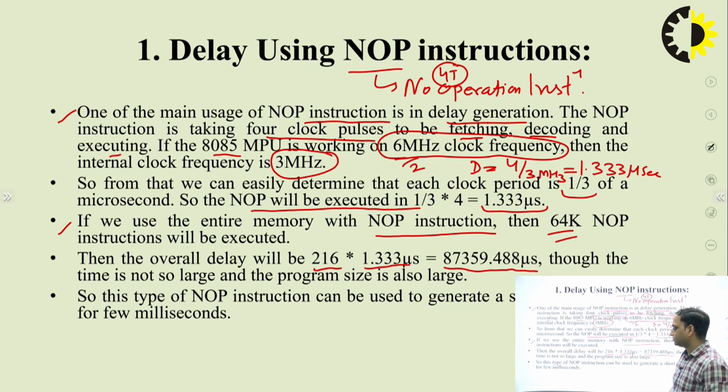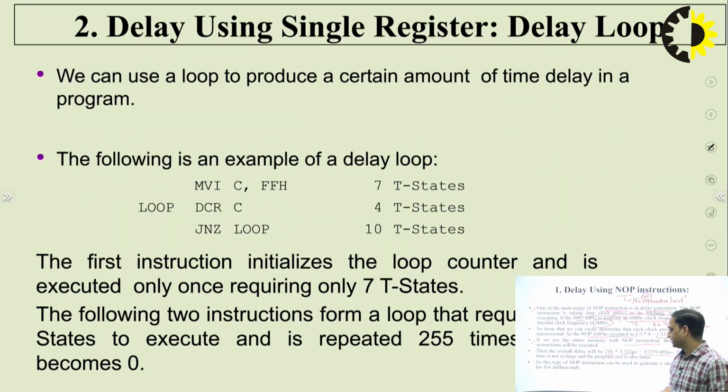This time is not too large, because this is microsecond, so the value is approximately 87.39 millisecond. In that way this time delay is very small, so we cannot use NOP instructions all the time. If we require more time delay, we have to use another method for increasing the time delay, right?